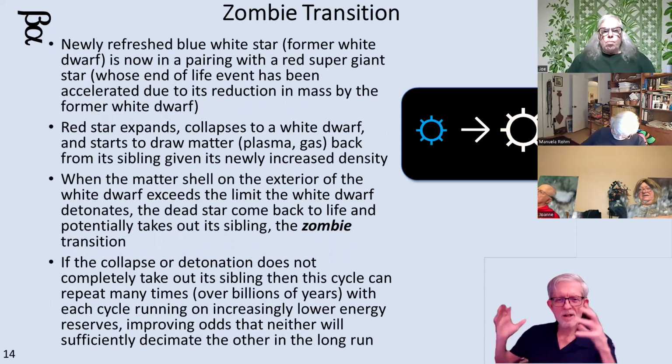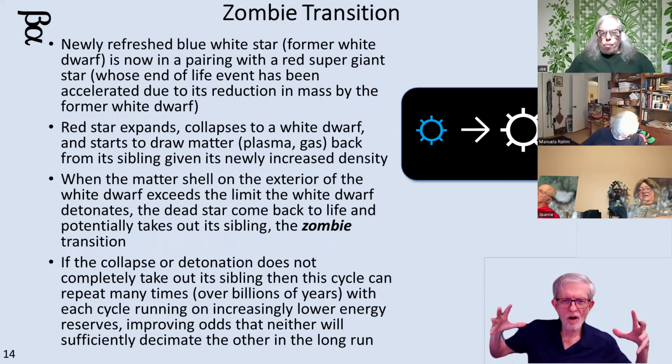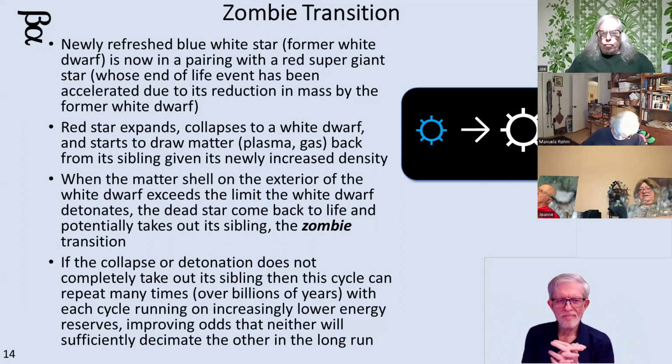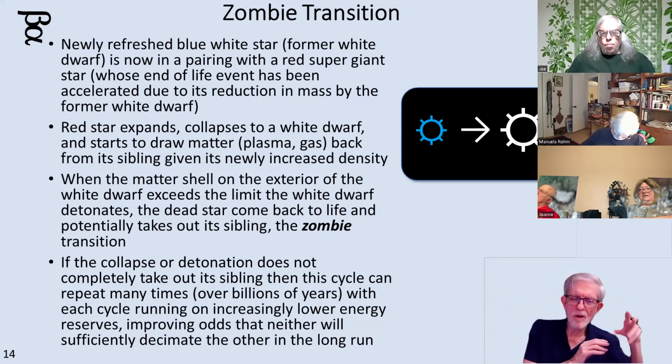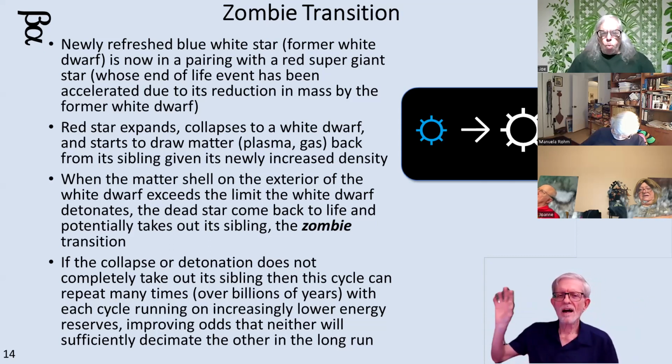But then as the red supergiant has lost more of its outer shell, that means its end of life event, which is usually a collapse, can take place sooner. So the blue star gets switched on to be blue or blue-white, and then the original supergiant red collapses down. And when it collapses down, it becomes a white dwarf, just like its sibling used to be.